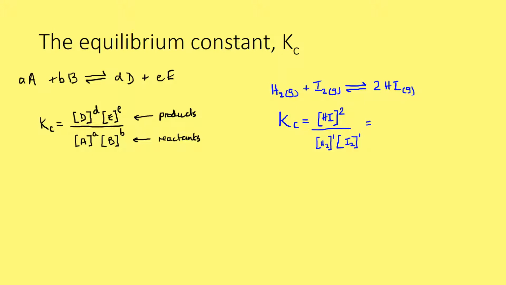And of course you remember from the previous section that if the power is 1 we can avoid writing it just for brevity. So we could rewrite this equation, concentration of hydrogen iodide squared divided by the concentration of hydrogen times the concentration of iodine. And there is the equilibrium expression for that particular equilibrium reaction.